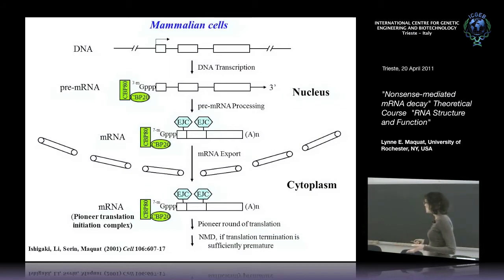It utilizes newly synthesized mRNA in the cytoplasm that has maintained the 2 cap-binding proteins that are acquired by pre-mRNA in the nucleus. And if the mRNA underwent splicing, then the Pioneer Translation Initiation Complex will also contain the post-splicing EJCs.